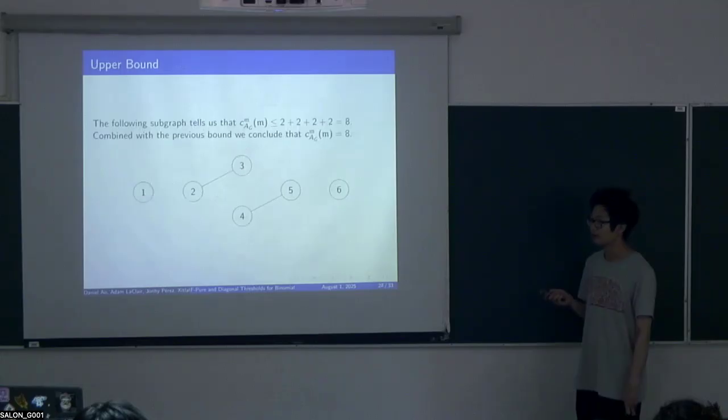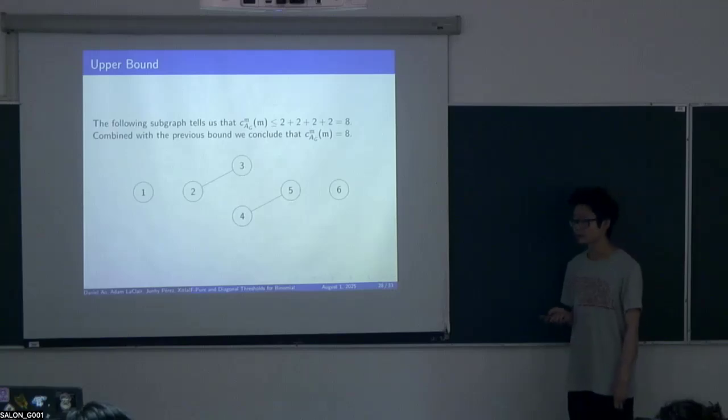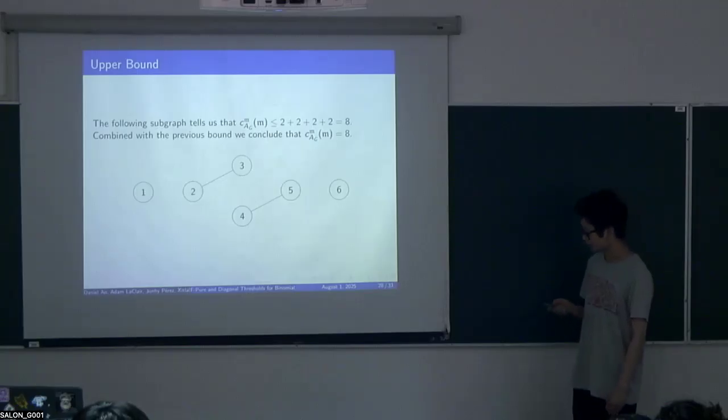Next, to get an upper bound, we want to look at subgraphs for which we already know how to compute the diagonal threshold. So for instance, this is a subgraph of G, and notice that every connected component is complete, with 2 copies of K1 and 2 copies of K2. And recall that the diagonal F threshold for K1 is 2, as is the diagonal F threshold for K2.